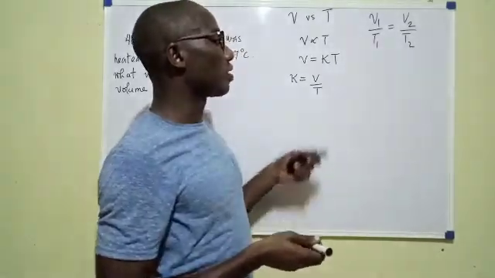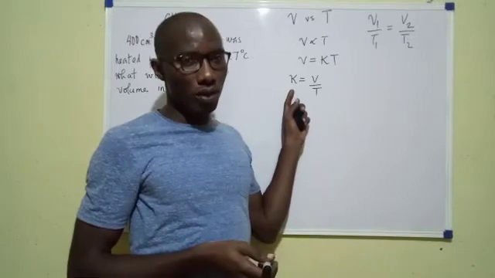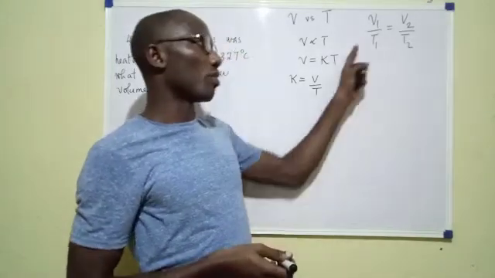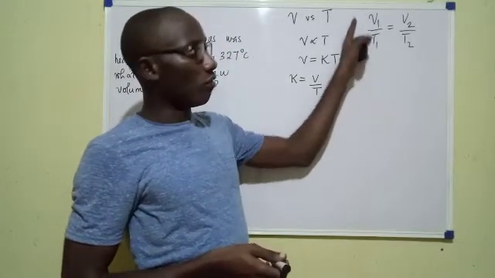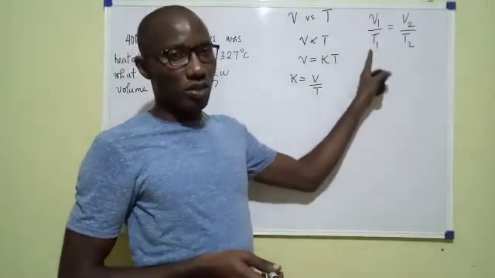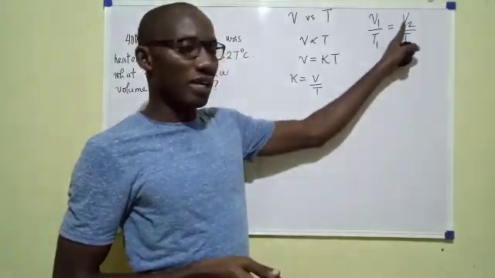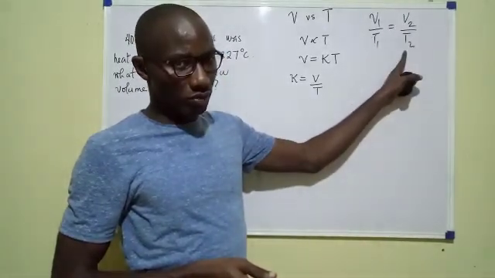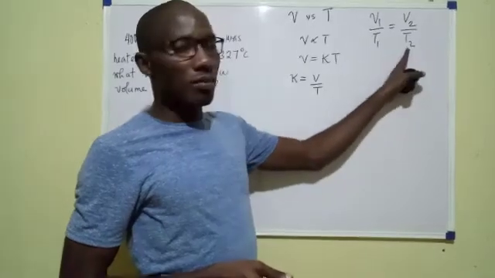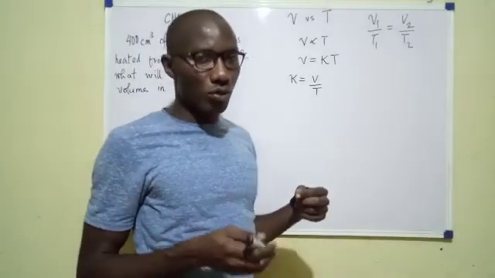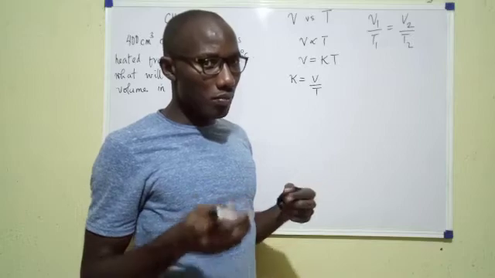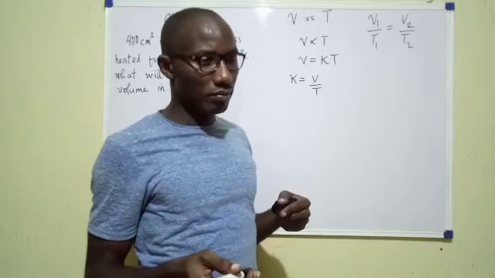So when we have questions on Charles' law, we usually solve with that formula. So V1 will be initial volume, this is initial temperature, that's final volume, final temperature. But remember that the temperatures here are absolute, meaning measured in Kelvin.